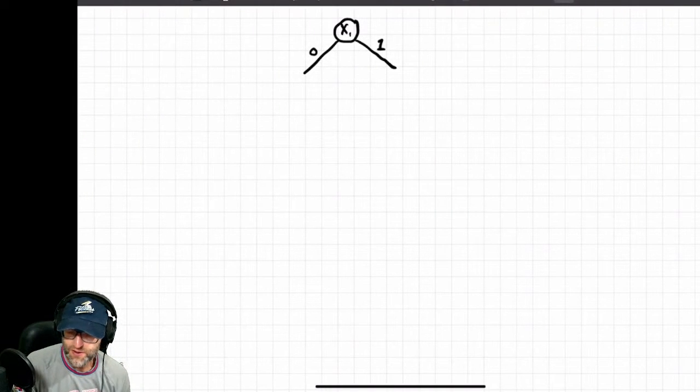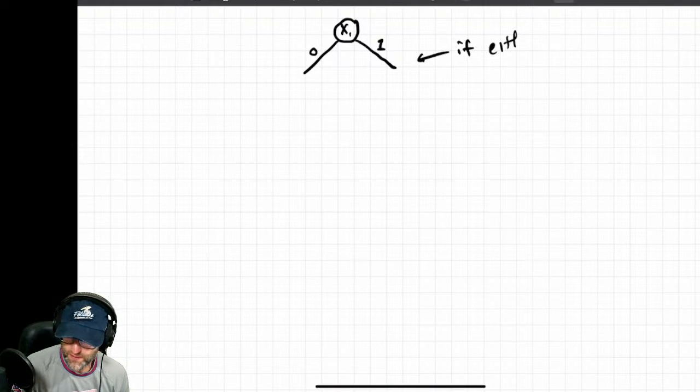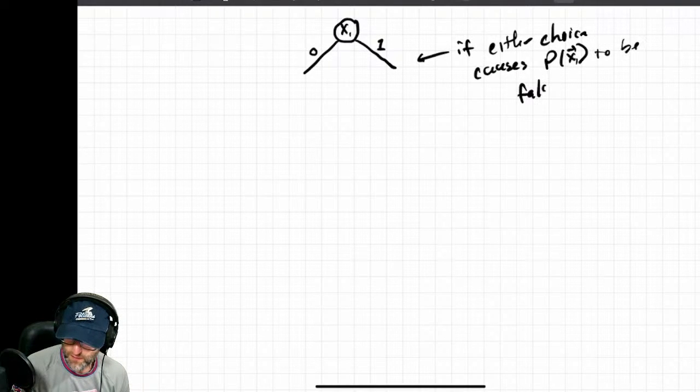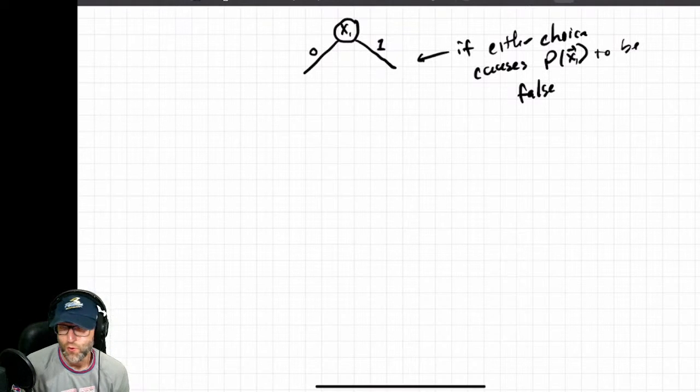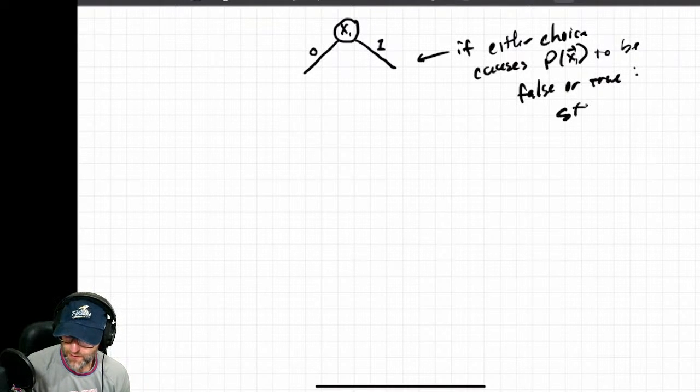So you can ask yourself, at that point, if either choice causes the predicate to be false, or true. Actually, let me go ahead and split those two things out.